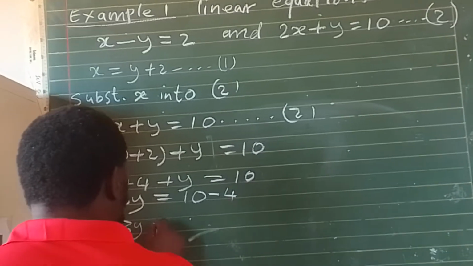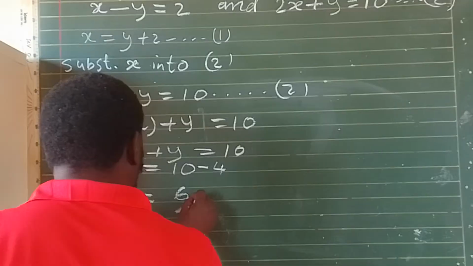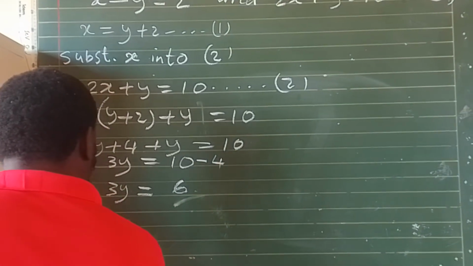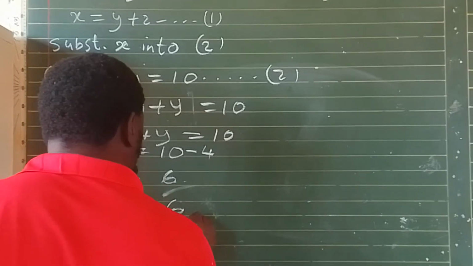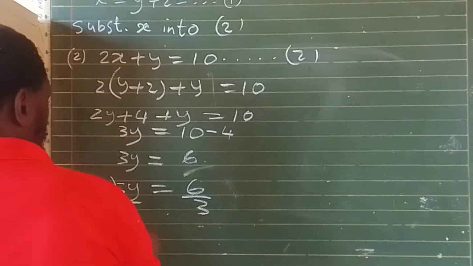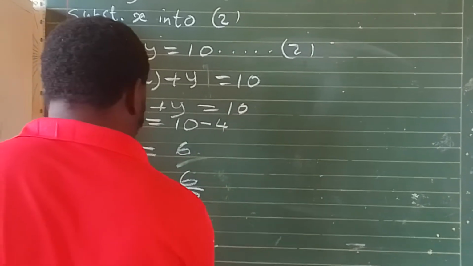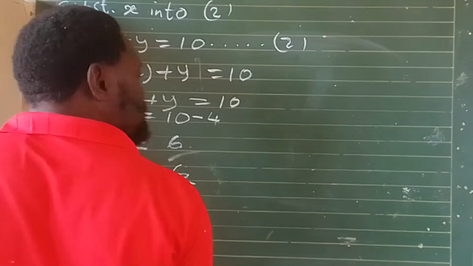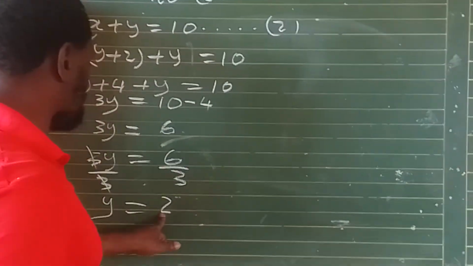Then 3y is equals to 6. Then you divide throughout by 3. 3y over 3 is equals to 6 over 3. You cancel your 3. Then your y is going to be 6 divided by 3 is 2. You have found your y to be 2.